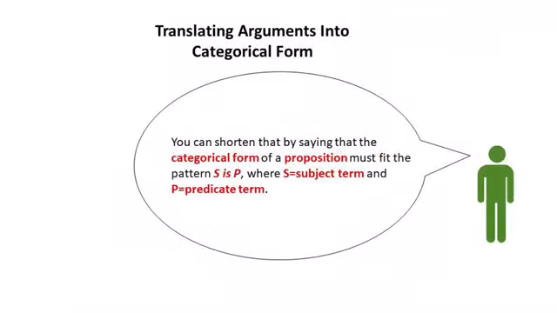And our little fellow in green adds a little bit more. He says you can shorten that by saying that the categorical form of a proposition must fit the pattern S is P, where S is the subject term and P is the predicate. Now that's kind of making it almost like mathematics, right?